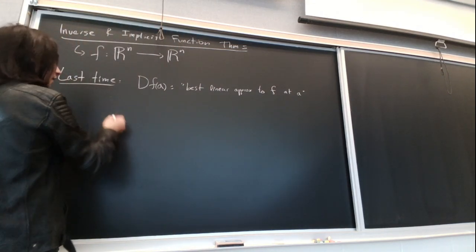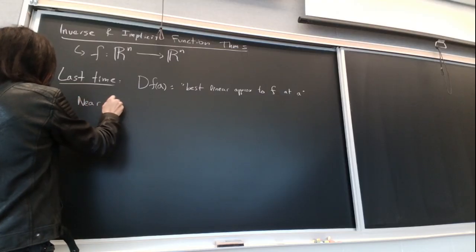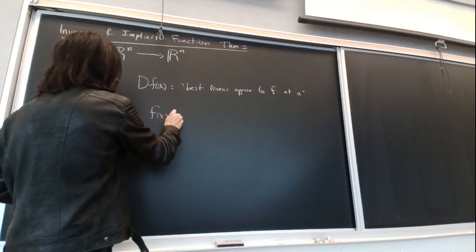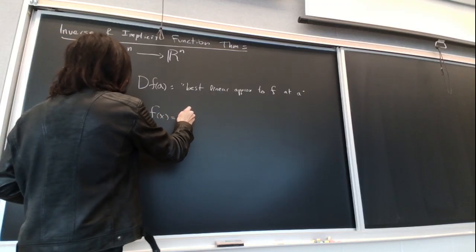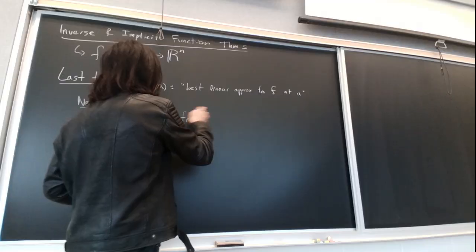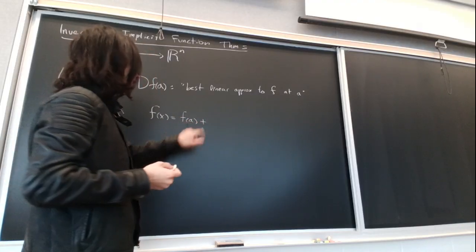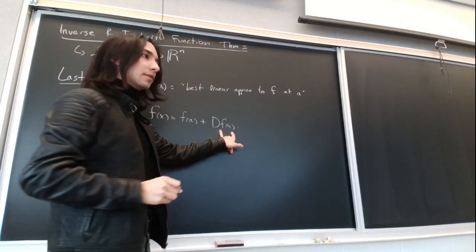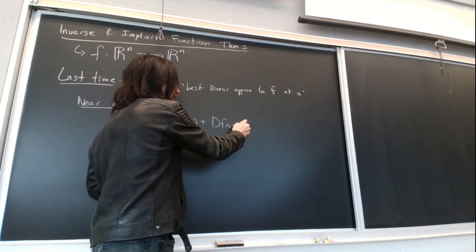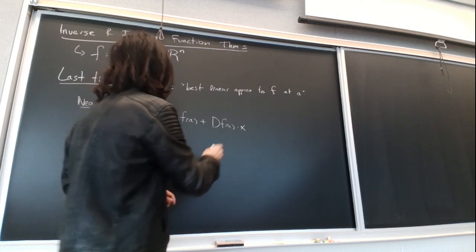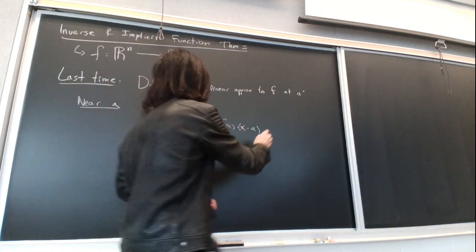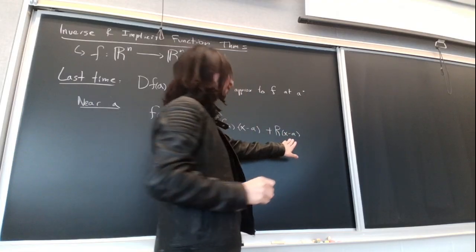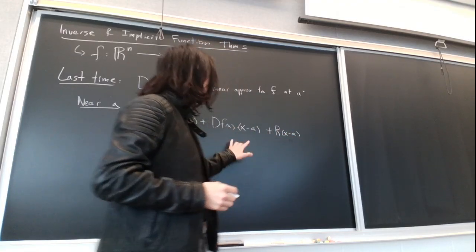That means that near the point A, we can write that f of x is just f of A plus, this is the affine part, df at A, which is a linear map, applied to x minus A, plus an error term, also depending on x minus A, where this error term gets small even as x minus A gets small.